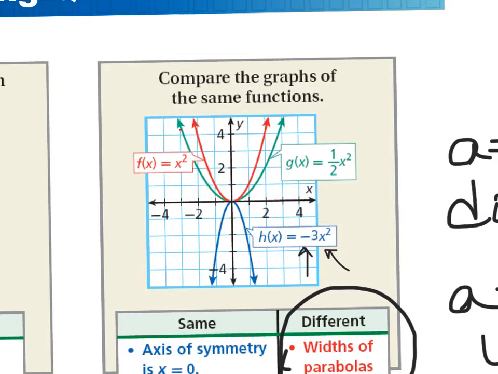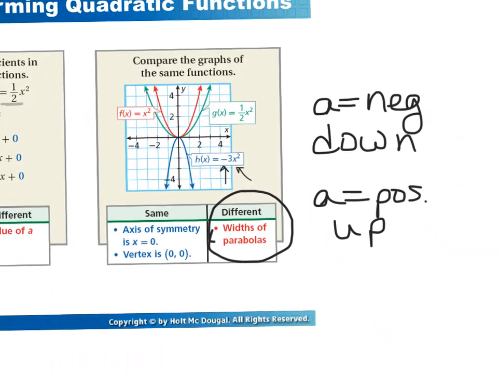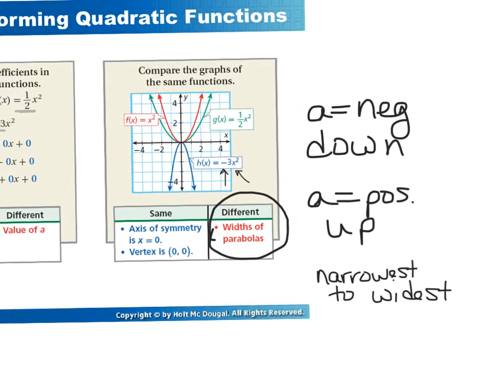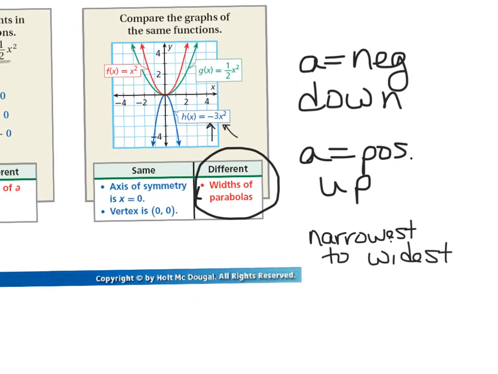So my advice to you is when you're comparing the widths, if you want to order them from narrowest to widest, what you should do is just order the numbers from greatest to least. Okay, but don't look at the sign.